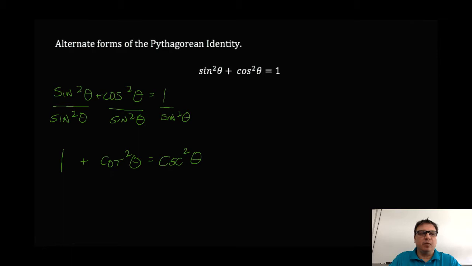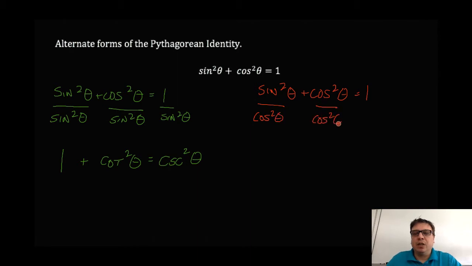It's an alternative form. I'm going to grab a different color here and we'll do another form. In this case, instead of dividing both sides by sine squared theta, we're going to go through and divide both sides by cosine squared theta. So divide each of those. And again, this is going to be useful for when we start trying to determine whether or not an expression or an equation is an identity.